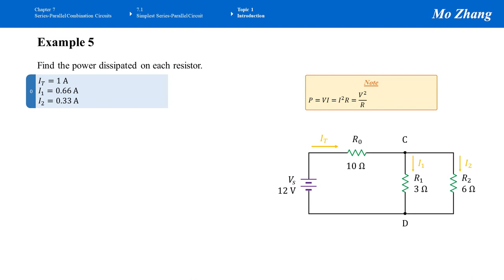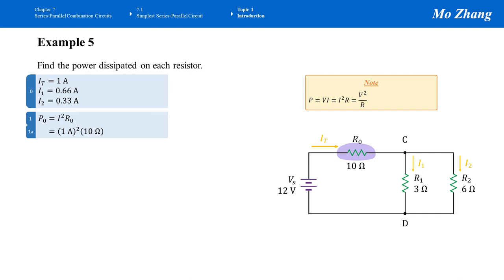Now we are ready to find the power dissipated on each resistor, such as the power dissipated on R0. P0 equals the total current squared times R0. Plug in the numbers. 1 amp squared times 10 ohms.